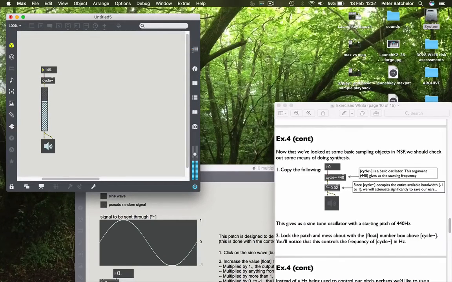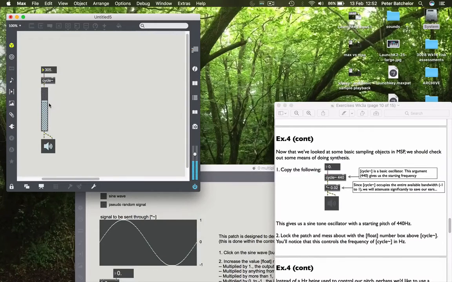Oh, there we go. I can hear something now. So we have this very characteristic, smooth tone, which is the archetypal sine wave. So that's fine, and we'll look at a few other oscillators in a minute.